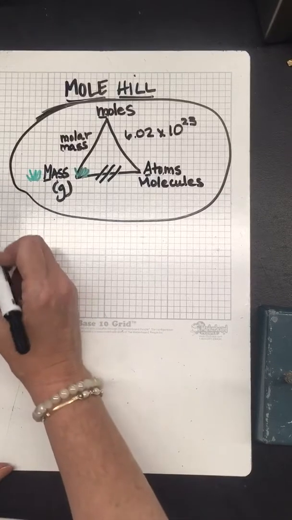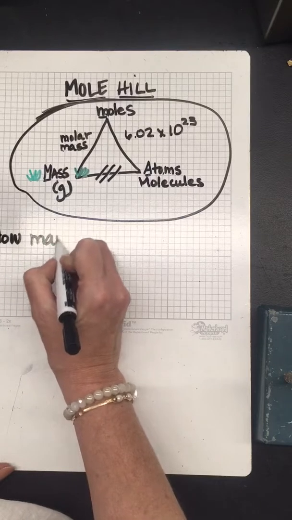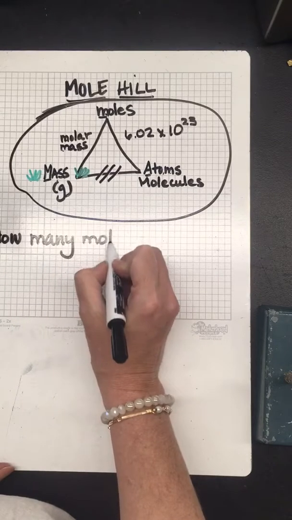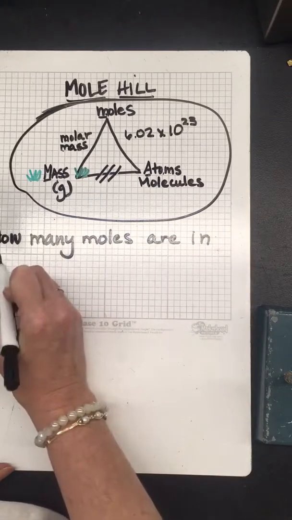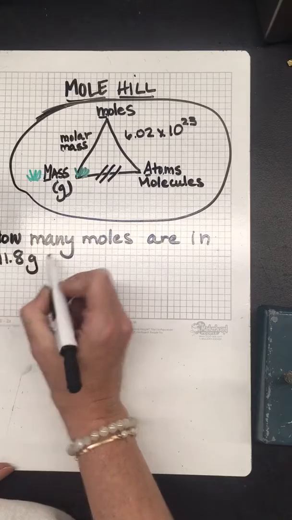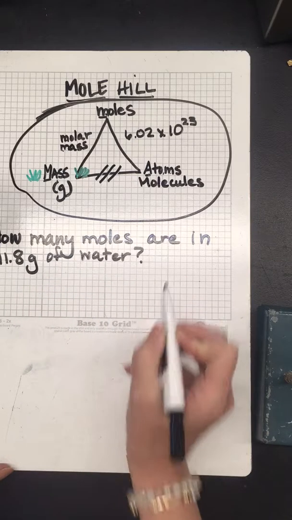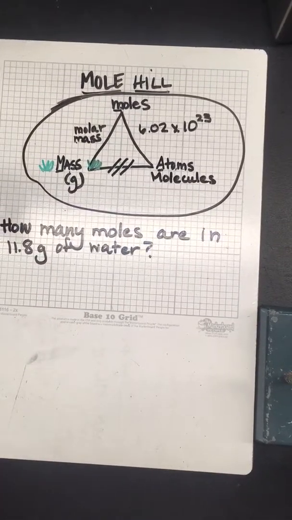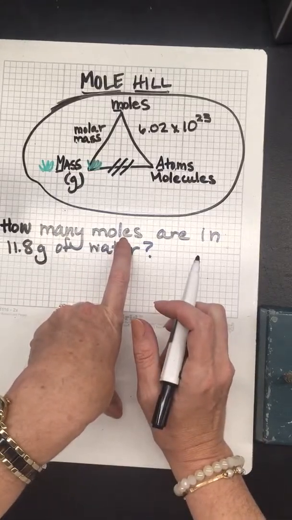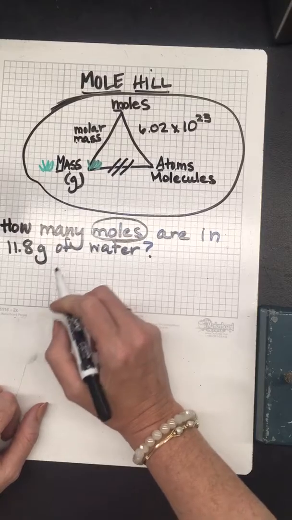Let's just say the question says, how many moles are in 11.8 grams of water? So you're given this word problem and you want to know, what is the question actually asking me for? Well, the question is asking for moles. Okay, this is where you're going. You're going to moles.